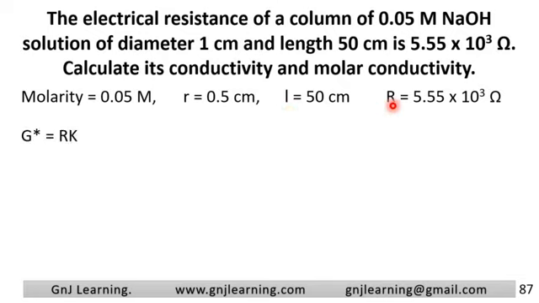We know that G star, the cell constant, is equal to R into K. So K can be calculated, because from L and A we can find G star.